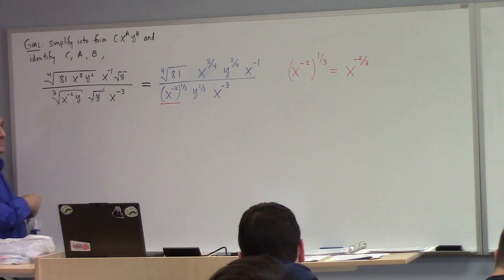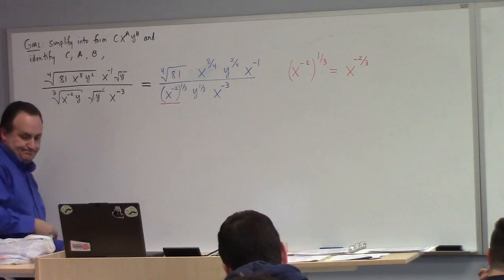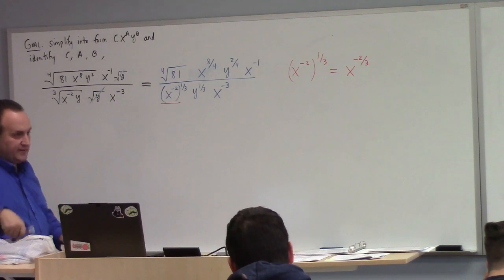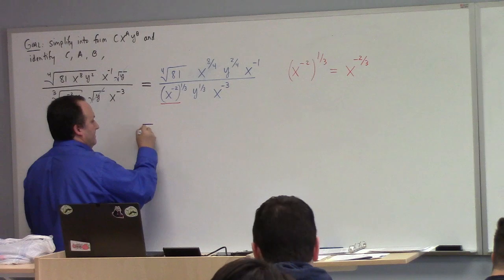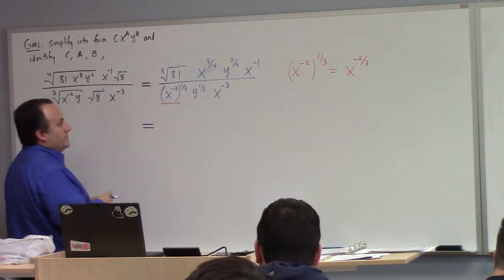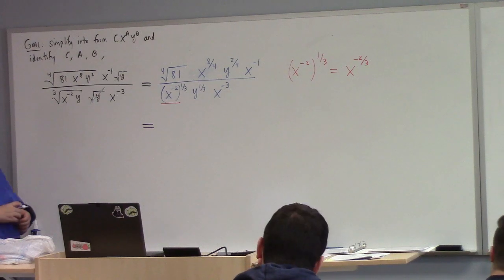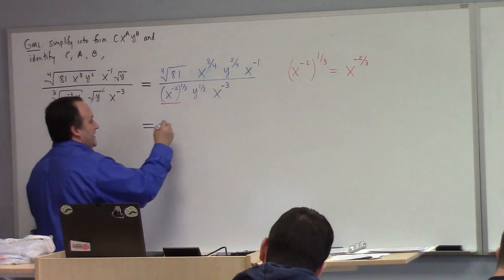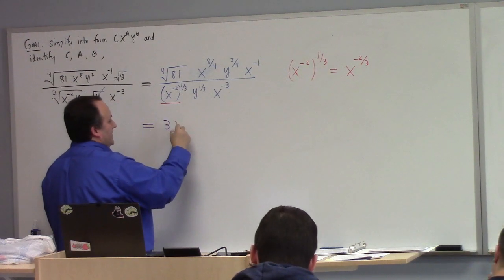And let's finish it, all right? So let's gather everything together. What is the fourth root of 81? 3. Yeah, that's 3. So we've got 3. Then we've got x.